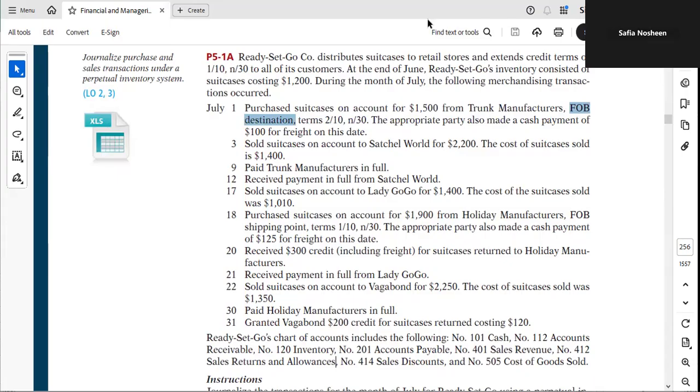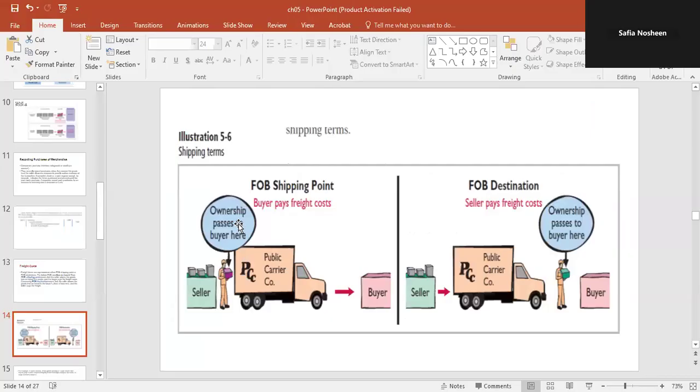FOB means freight on board. It is a terminology used to make it clear who will pay the freight or transportation charges. If the terminology is FOB shipping point, it means the buyer will pay the freight cost, and if it is FOB destination, then the seller will pay the freight or transportation cost.